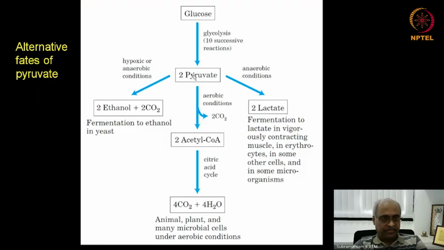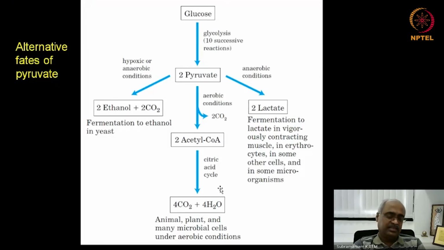This happens under aerobic conditions, during which pyruvate gets converted to acetyl-CoA, which enters a cyclical biochemical pathway called the citric acid cycle, because one of the intermediates of the pathway is citric acid.